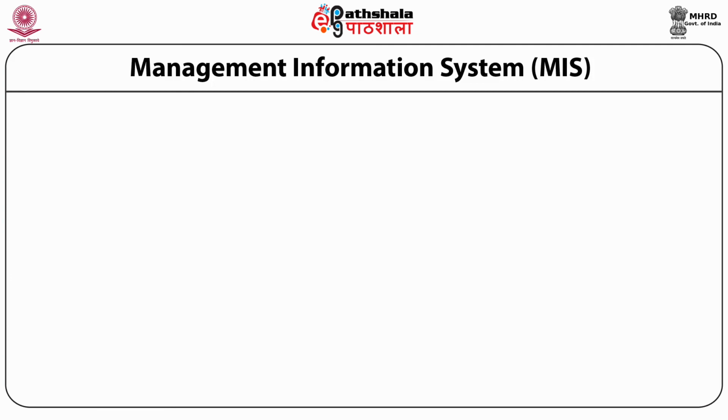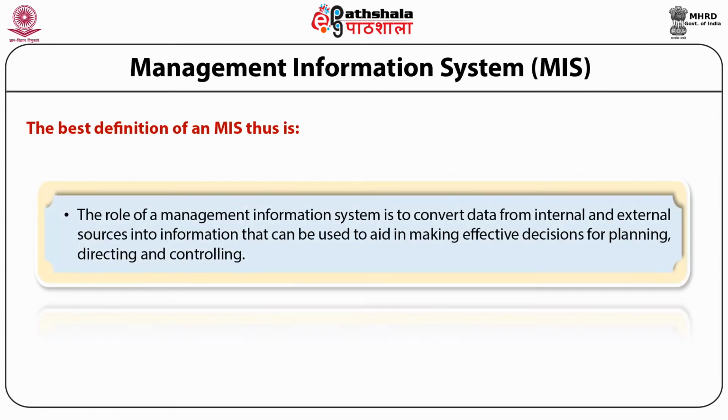We have already defined MIS, but there are many management experts who have given varied definitions of MIS. After considering the various definitions, the best definition that can be arrived at is that the role of a management information system is to convert data from internal and external sources into information that can be used to aid in making effective decisions for planning, directing, and controlling the activities of an organization.